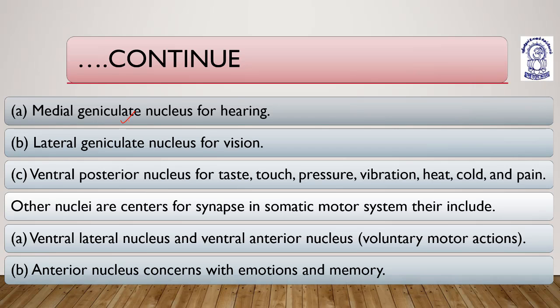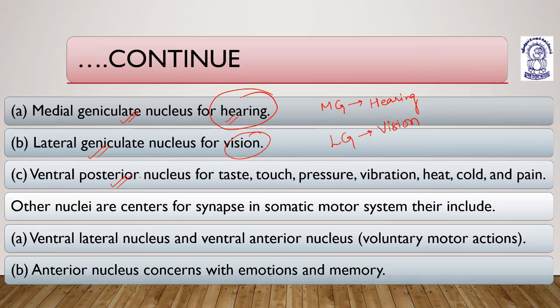The medial geniculate nucleus is present in the thalamus, which coordinates the hearing sensation. Medial geniculate for hearing, lateral geniculate for vision.